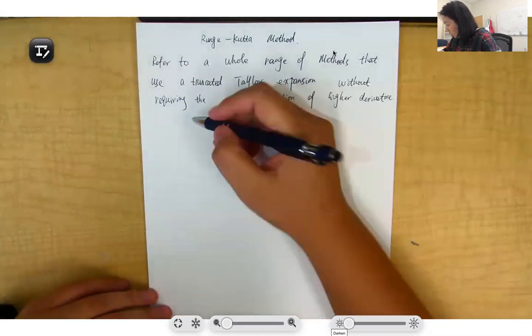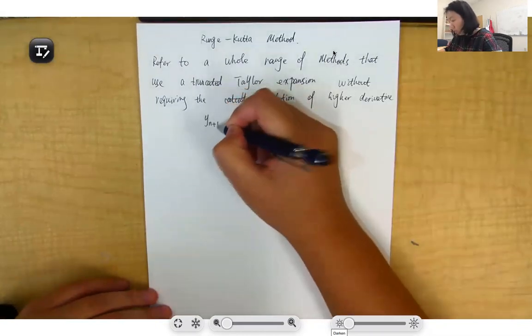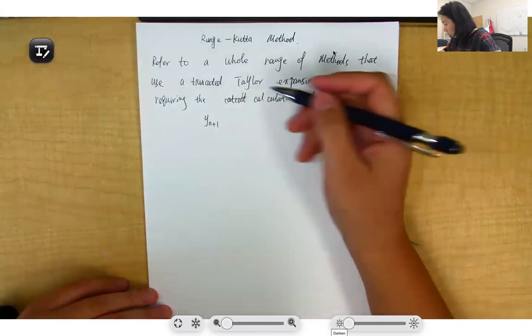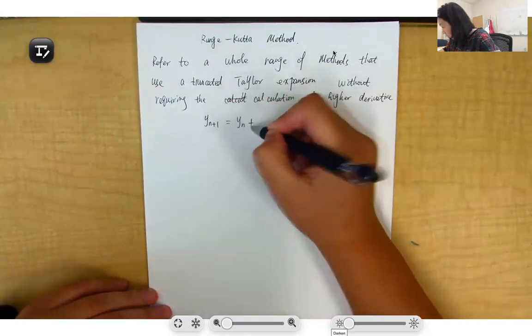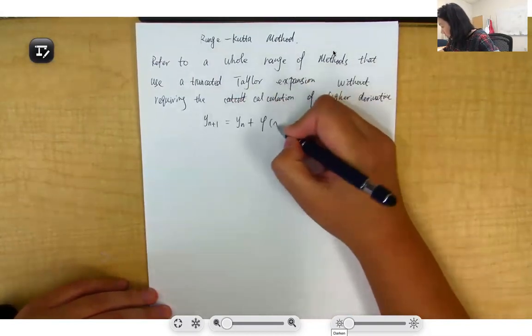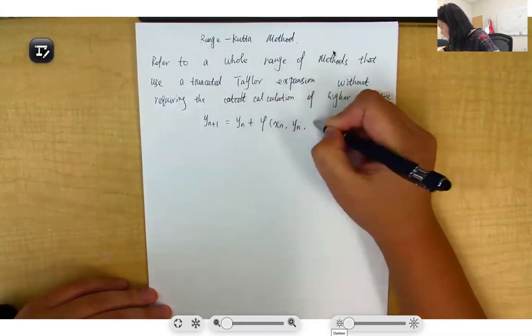the Taylor expansion, which is y_{n+1}. The general form of Runge Kutta's method will be equal to y_n plus phi(x_n, y_n) h.